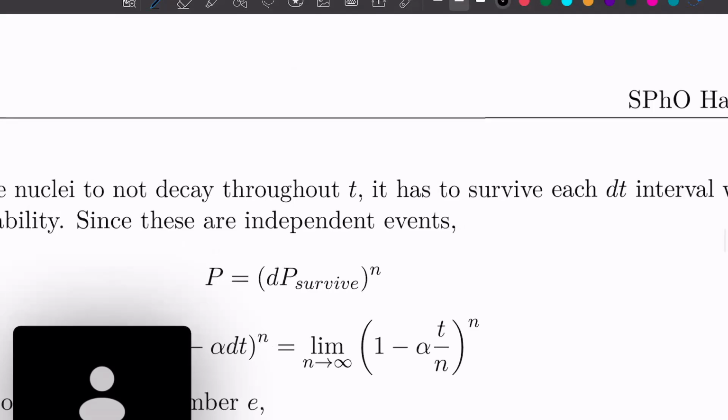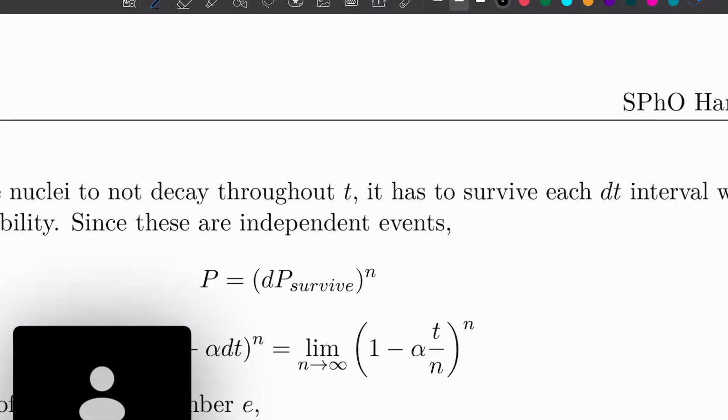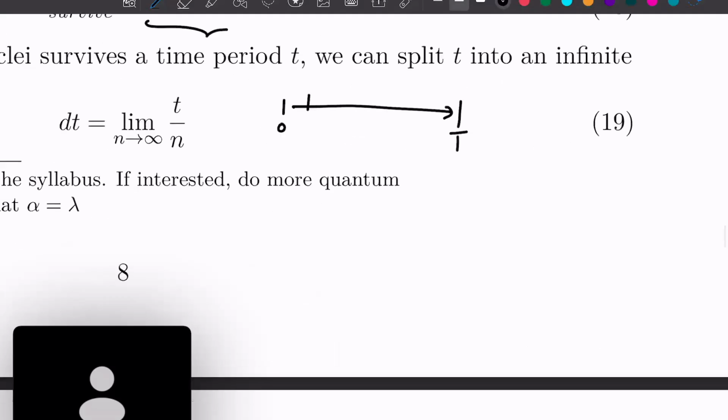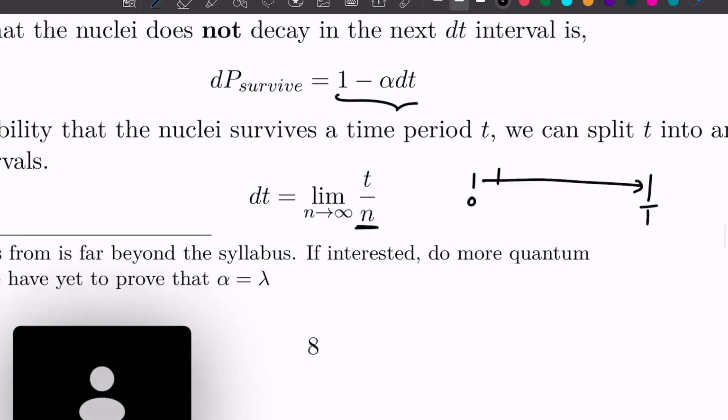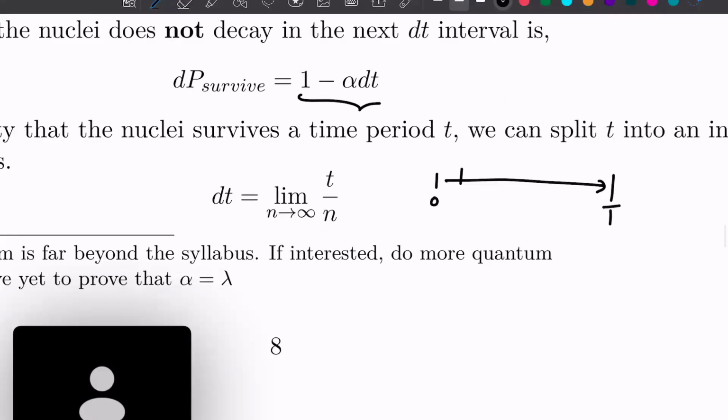So if you want to survive until t seconds or t minutes, then you have to survive each dt interval. In this case, n is the number of intervals, and the total time is t.